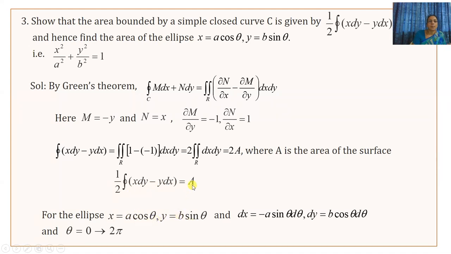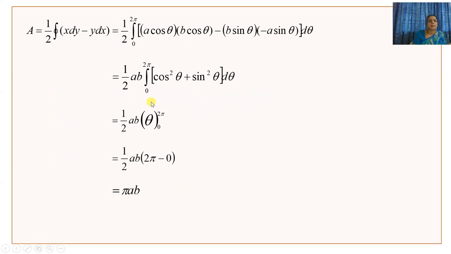So, capital A is equal to 1 by 2 into integral of x dy, which is a cos theta into b cos theta, minus y dx, where y is b sin theta and dx is minus a sin theta d theta. Since this is with respect to theta, the limits for theta are 0 and 2 pi.